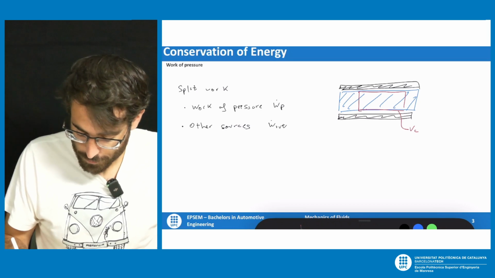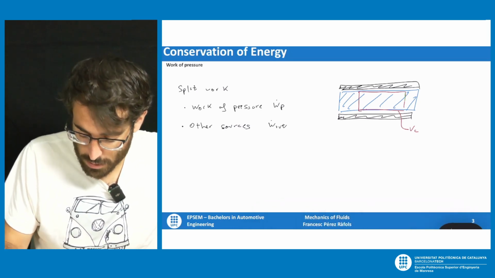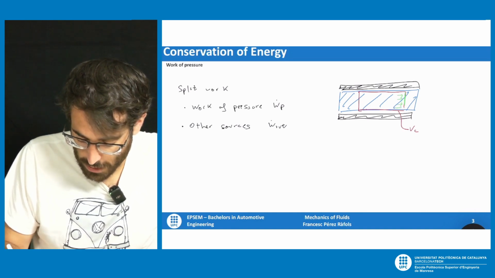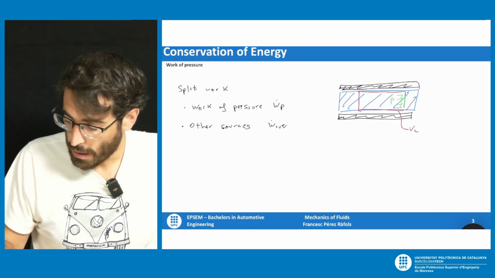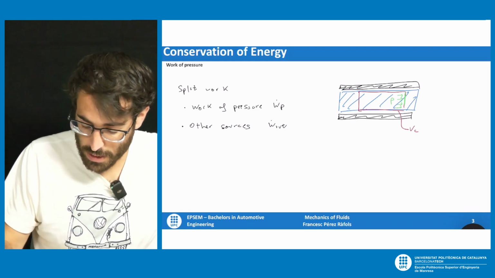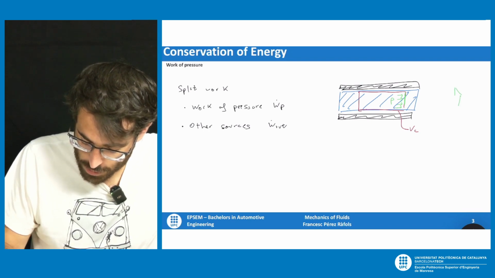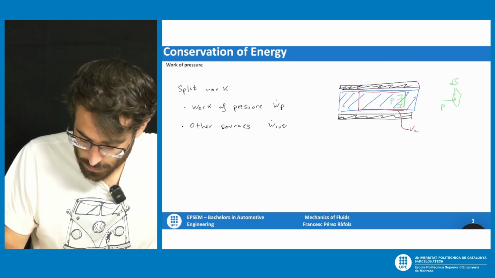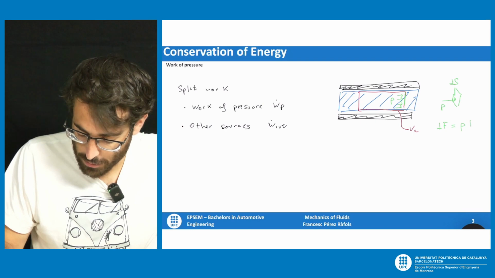Now, if we look at the pressure, we don't know it, but let's look at this surface here. This one is going to have a certain pressure P. And so, if we look at a small element of this surface, it's going to have a pressure, and so we're going to have a small force here. It's going to be P times dS.